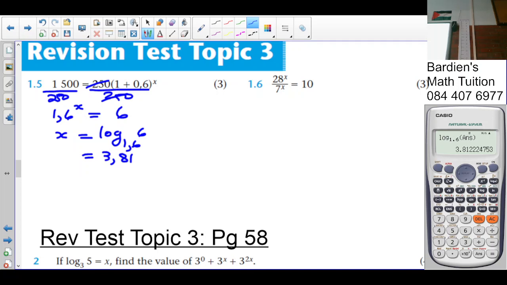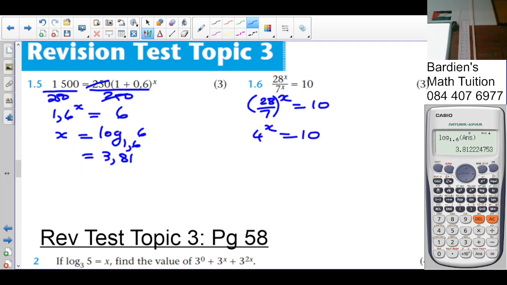The next question, 1.6. As you can see here, both the numerator and the denominator exponent is x, which means this can be written as 28 over 7 raised to the x equals 10. Now 28 over 7 is 4, not so? So 4 to the x is equal to 10.